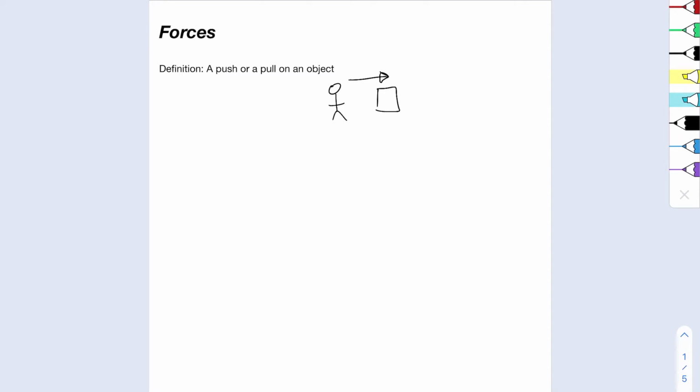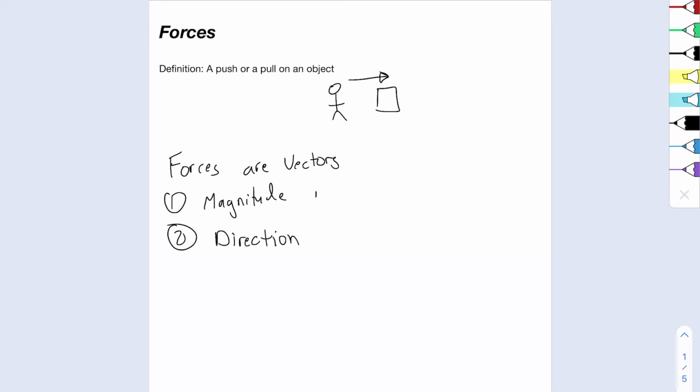And my description of the force brings up a very important characteristic of forces, namely that forces are vectors. So just like velocity and just like acceleration from kinematics, forces have a magnitude and a direction.